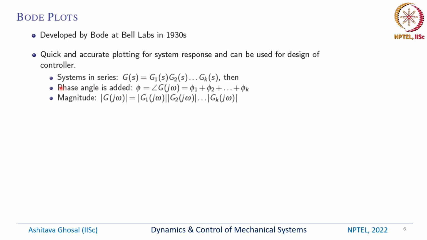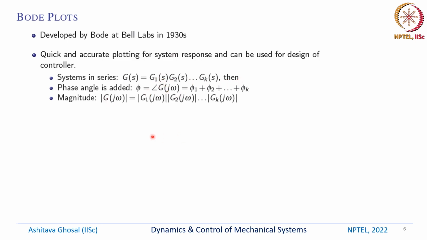If you have systems in series, then G of s is actually a product of G1 of s, G2 of s, and all the way to Gk of s. So it's a product of various transfer functions 1 through k. The phase angle of G of s is nothing but the addition of the phase angles of each one of them.